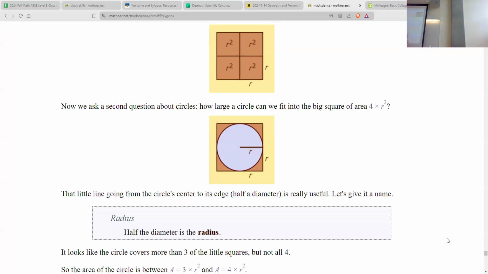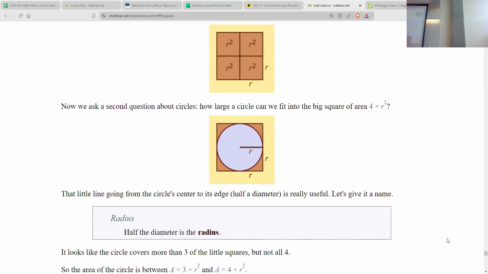So the whole big square is 4 R squareds. How many of those does the circle cover? Certainly more than half. There's only these little winged things, cat ears sticking out of the corners. Does it look like it covers more than 3 of the squares?